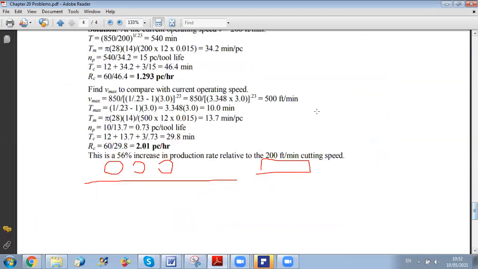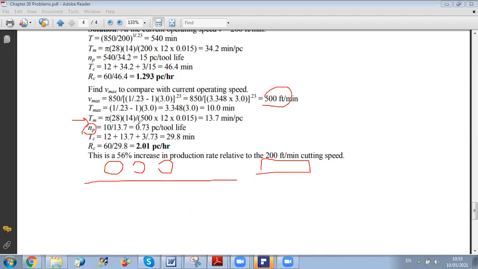Now once we get the value of Tmax, in order to compute NP, we should find T machining. It's the same steps, just now we are working with other values of velocity. So instead of the cutting speed of 200, we have now 500. We can compute the machining time and the corresponding number of pieces.